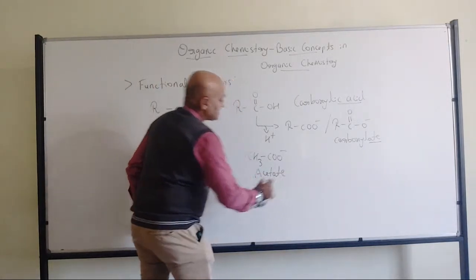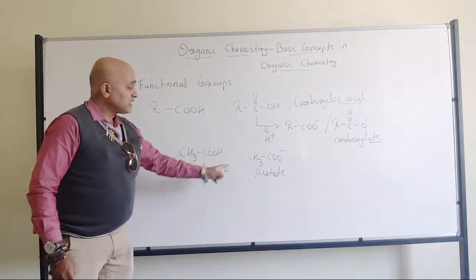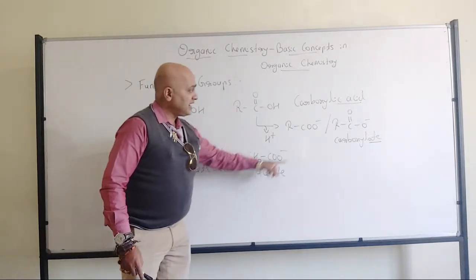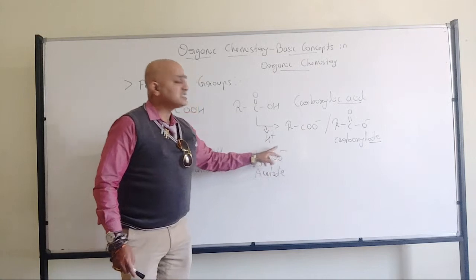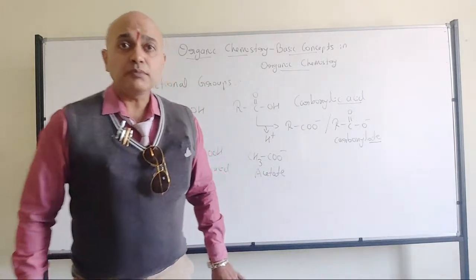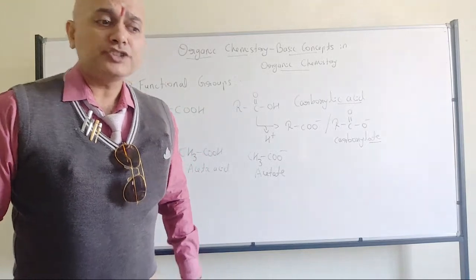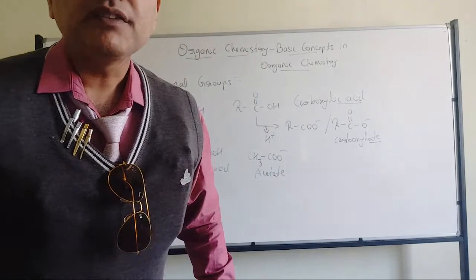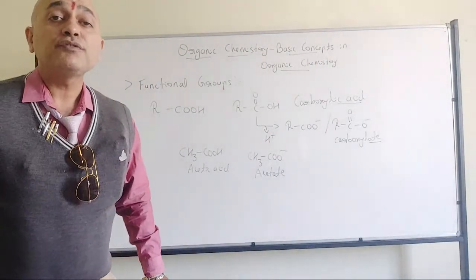I will call it acetate, carboxylate, carboxylic acid, acetic acid. Acetate, carboxylate. Why? Because the carboxyl group is dissociated. The carboxyl group is in dissociated form. Now whether I have reached Rakesh? All of you have understood? So that's where we have the explanation with regard to this particular functional group.